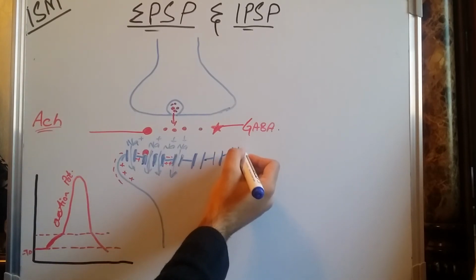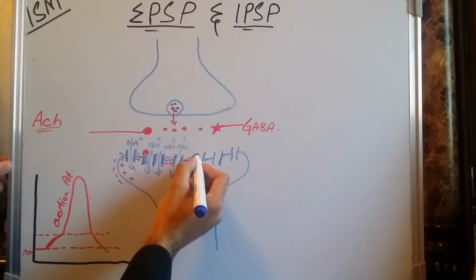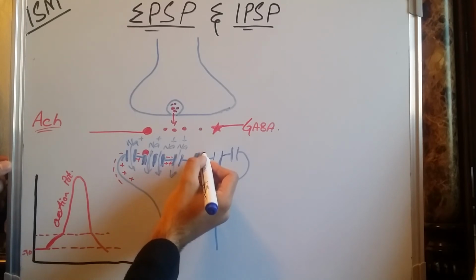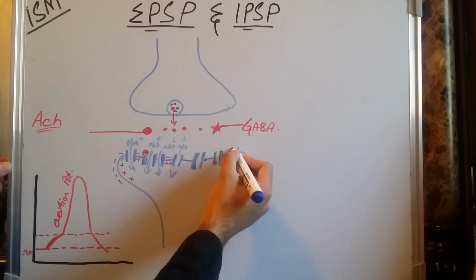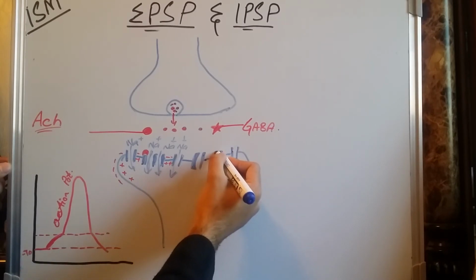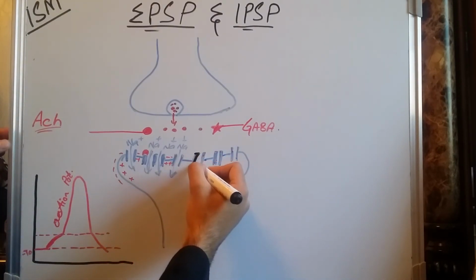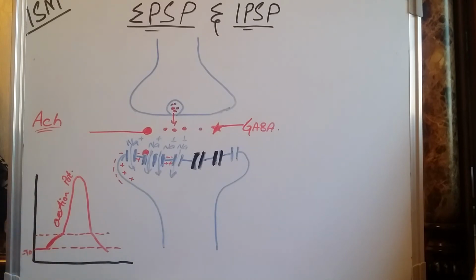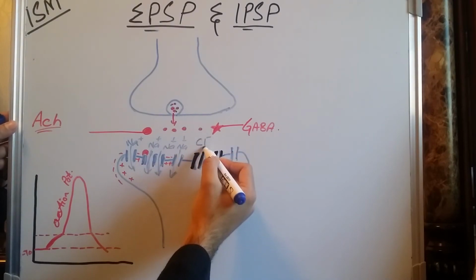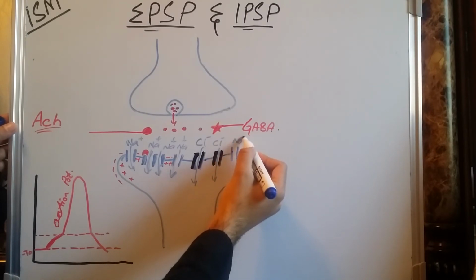So fewer sodium gates will open up and more other gates will open up, and these gates we call the gates for negative ions, and this is for the sodium. I will use a different color here. So fewer sodium gates will open, and more negative gates open up. So more and more chloride ions get inside, and less sodium will go inside.